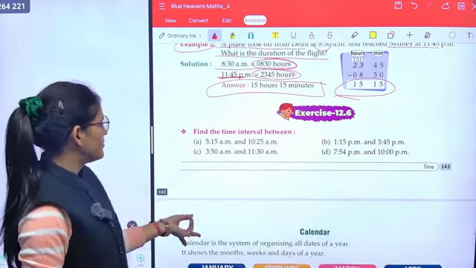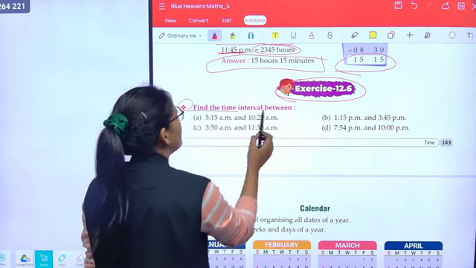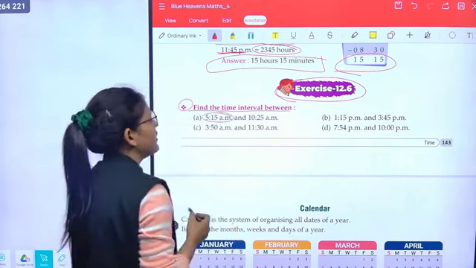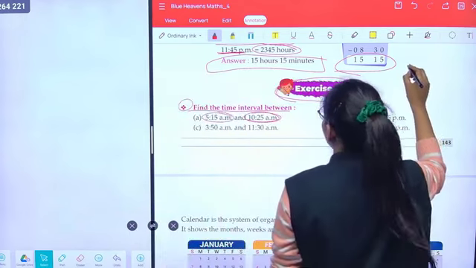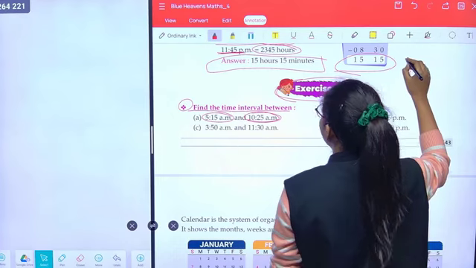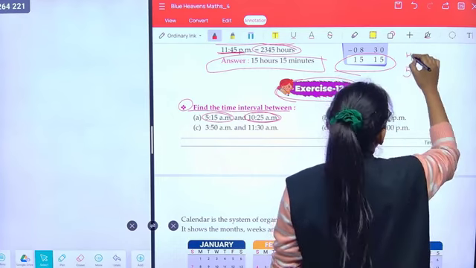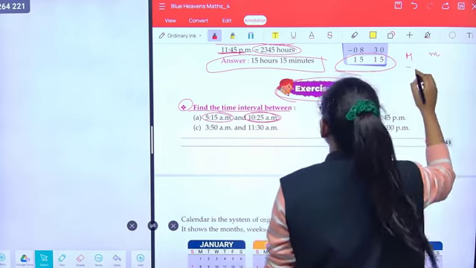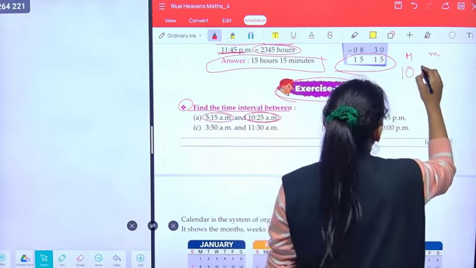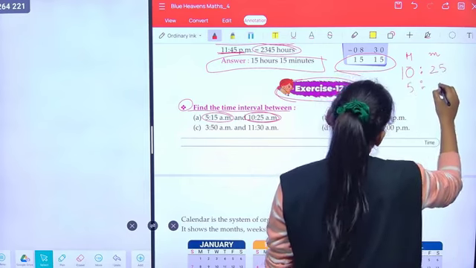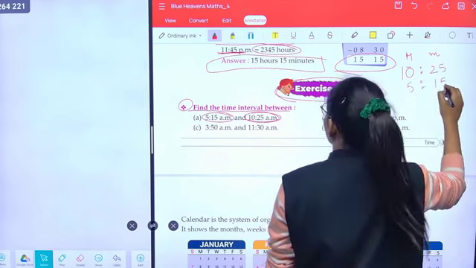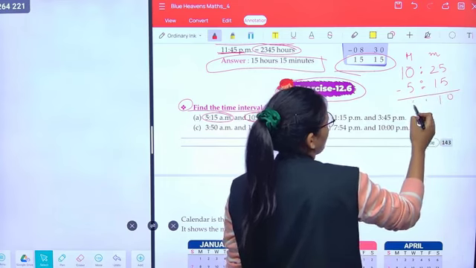Now come on the exercise 12.6. Now find the time interval between 5:15 a.m. and 10:25 a.m. See class. Now hours and minutes. 10:25 a.m. and 5:15 a.m. See class, 5 minus 5 is 0, 2 minus 1 is 1, 5 minus 5 is 0.